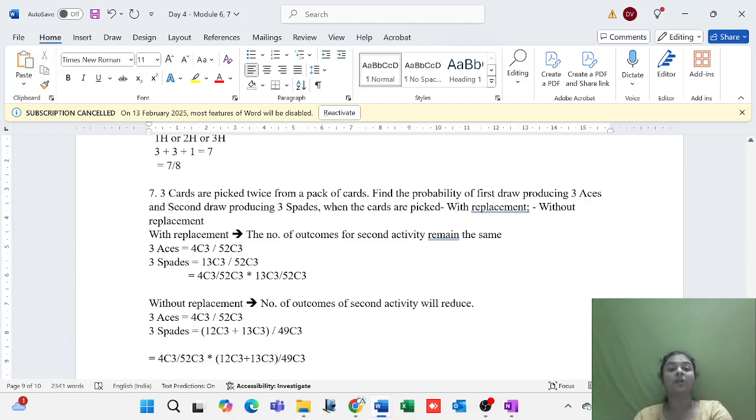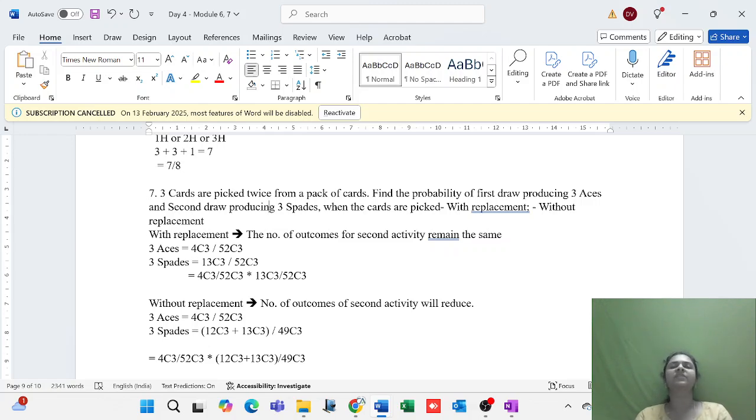And the second draw producing spades, when the cards are picked with replacement and without replacement. Now remember, in the exam, if the question is silent, you will do without replacement. If the question is silent, we should do without replacement. Now the question mentions with and without replacement, so do accordingly.